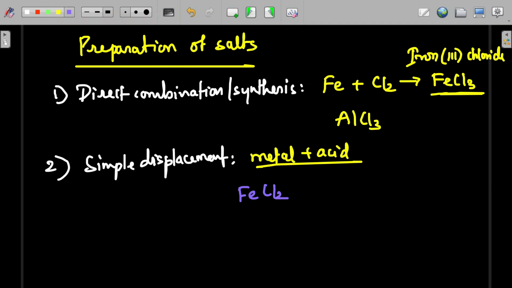Anyway, FeCl3 is combination, that you have to remember. FeCl2, how can I get? I will take Fe and treat it with dilute HCl, then I will get FeCl2 plus H2. So if any active metal is there and you want to get its salt, then you have to use a simple displacement reaction. Similarly, you can use it for zinc sulfate.